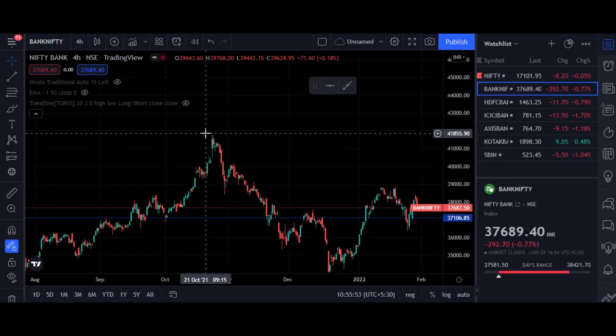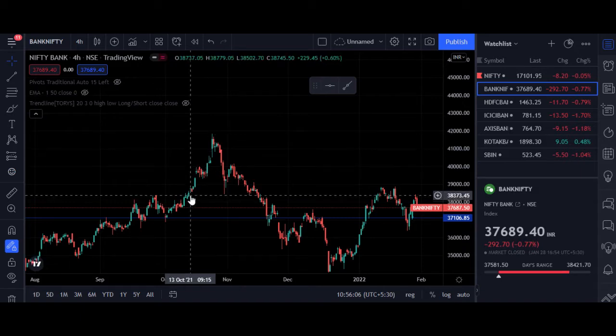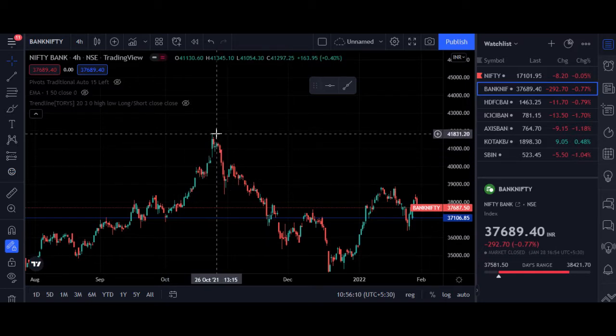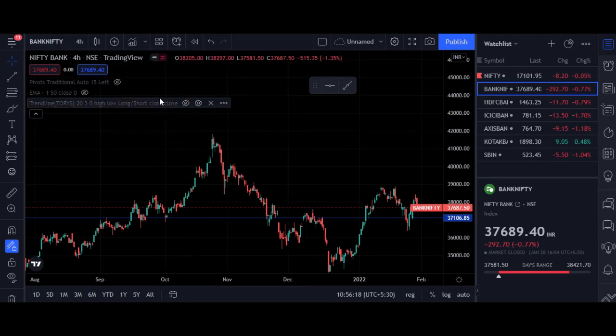You can press Alt H, or you can go to this bar here and use the horizontal line. You press Alt and H together, and you can draw the horizontal line. Vertical is the same, Alt plus V means vertical. If you want to put a line at the beginning of the day, 9:15 to 3:30, you can do the same also.